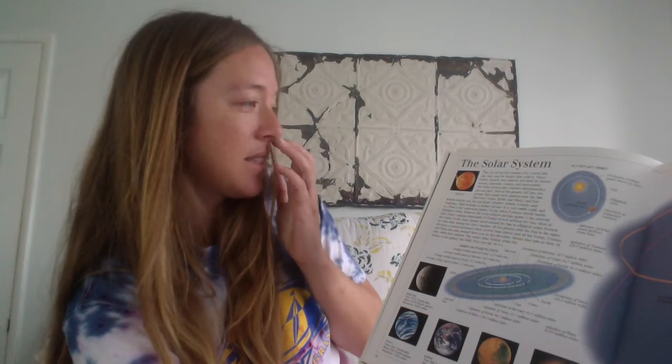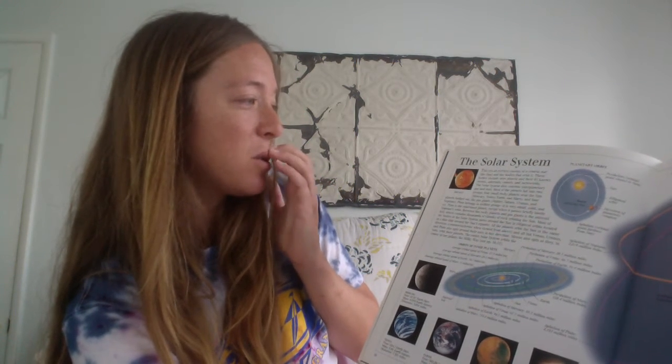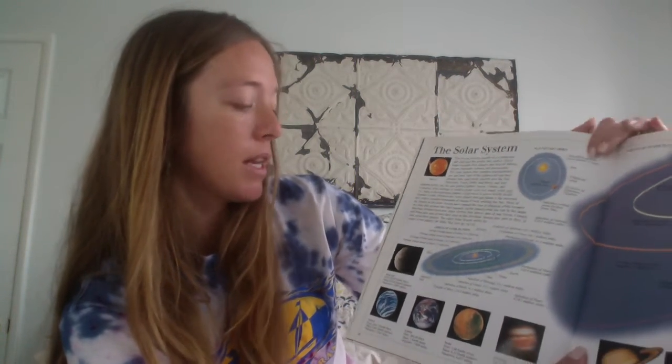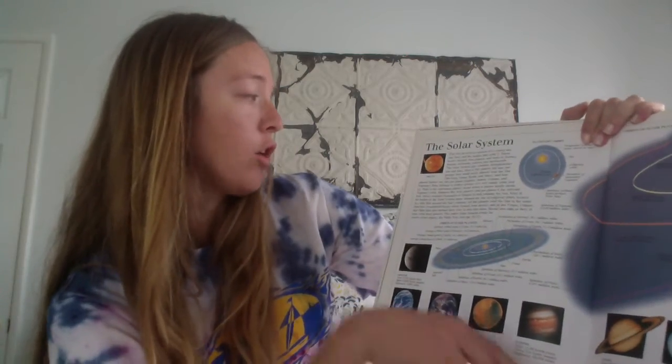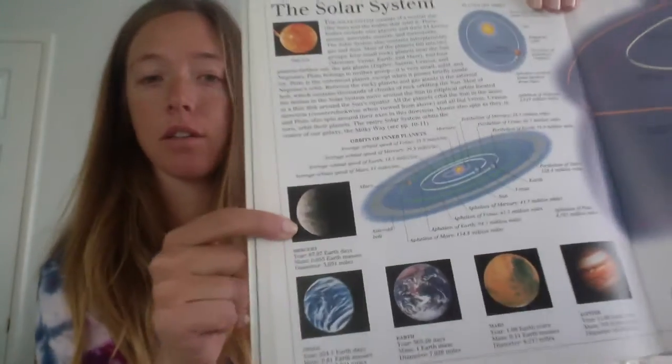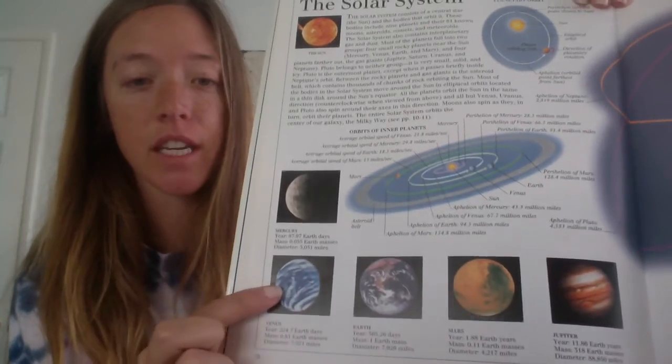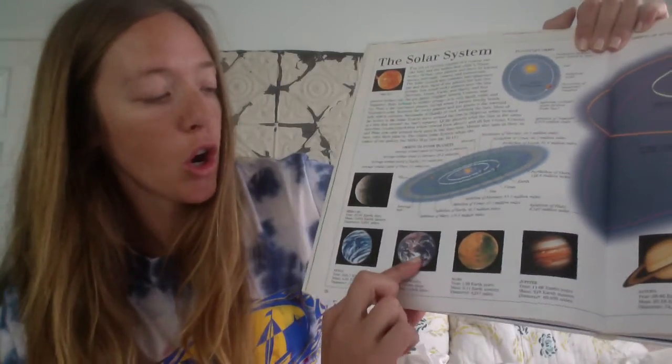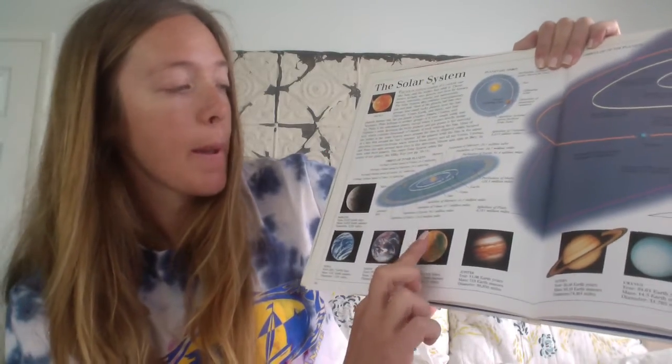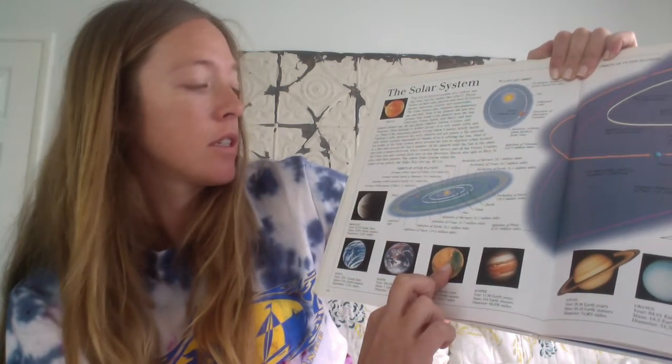The solar system also contains interplanetary gas and dust. Most of the planets fall into two groups: four small rocky planets near the sun and four planets further out that we call gas giants. So, the four rocky planets that are near the sun are Mercury, right here, Venus, Earth, Mars, and that's it.